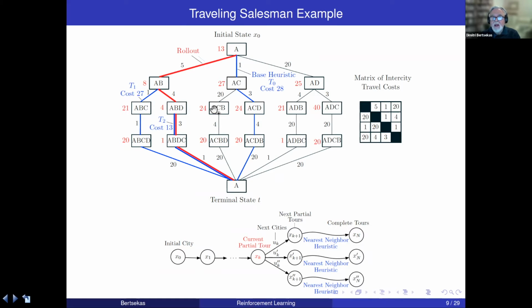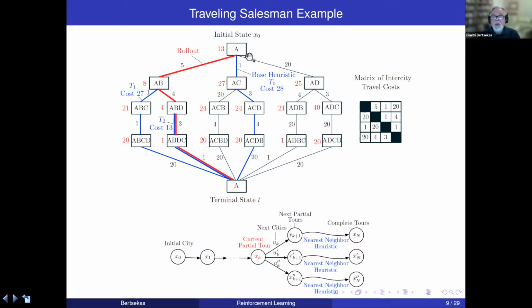Once we get here, there are two possibilities, go to C or to D, and the nearest neighbor is D. Then there's only one choice, so we go all the way to the end. So the nearest neighbor heuristic generates this trajectory, which we call T0, and it has cost 28 in this case.